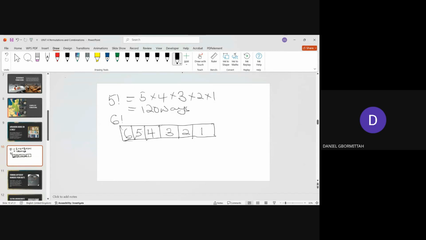So if you want to find out the total number of ways that we can arrange the 6 people on a bench, then the total ways will be equal to 6 times 5 times 4 times 3 times 2 times 1. You must do this, and then 120 times 6 will be what? 720. Good. So that will be 720 ways. So this is how the illustrations you may be seeing when it comes to the permutation.